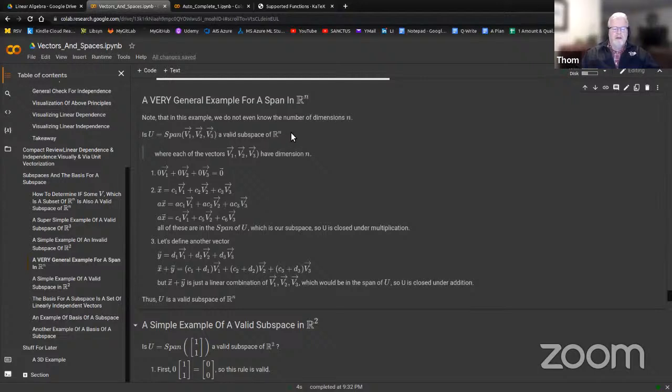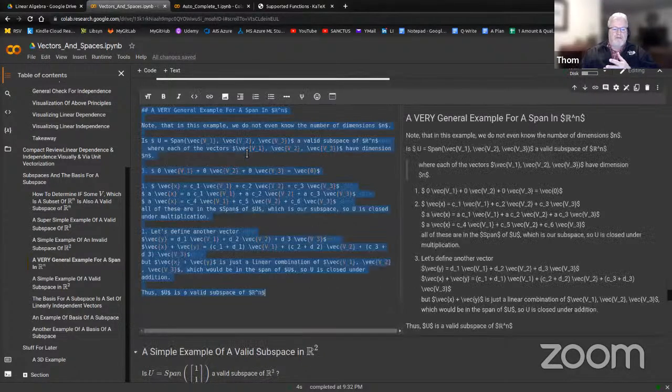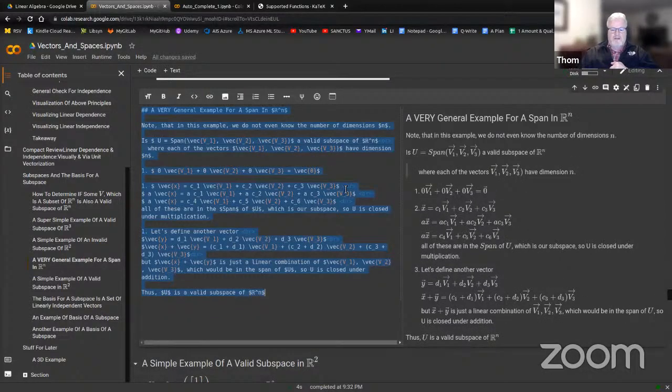So we have to use our mathematical imaginations right now. So we're asking, is U equal to the span of this a valid subspace of R in n dimensions? That means that each of these vectors are n-dimensional, but we don't even know how many dimensions right now. So I've got to fix some things I see already. I shouldn't have had this, and I should have a question mark at the end because I was posing a question.